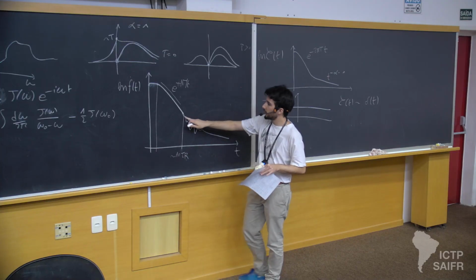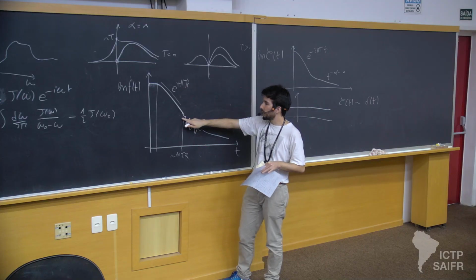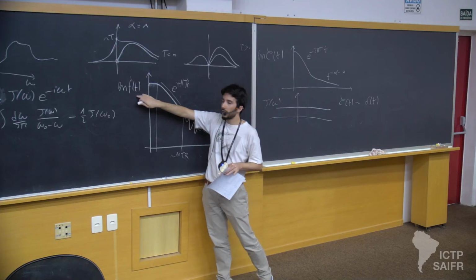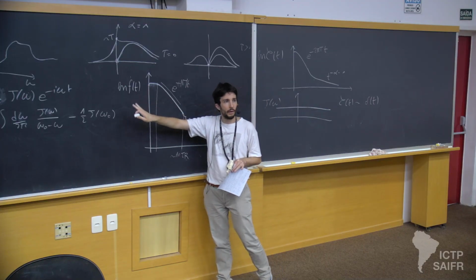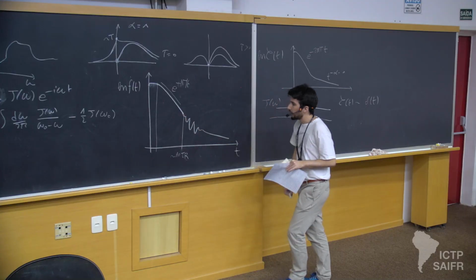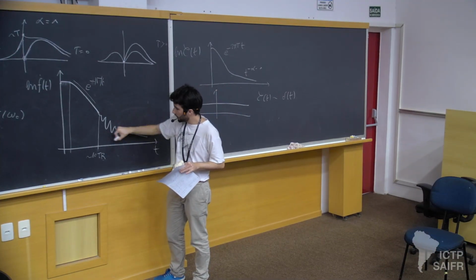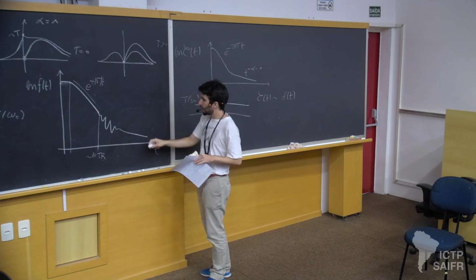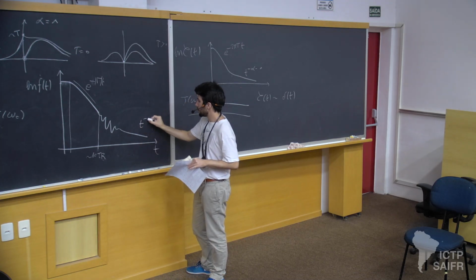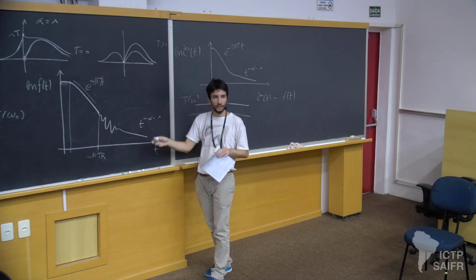At the end of this region, the function has decayed almost completely, but not completely. Then there is a transition region, and at very late times this crosses over to algebraic behavior.